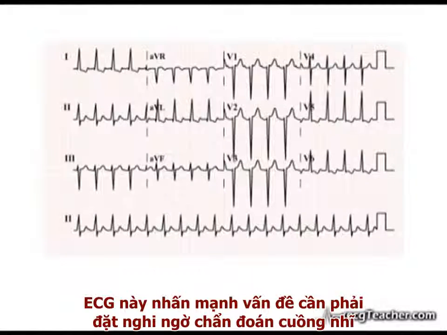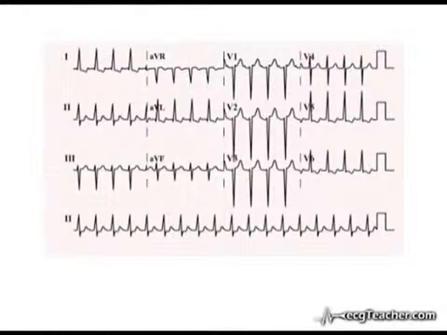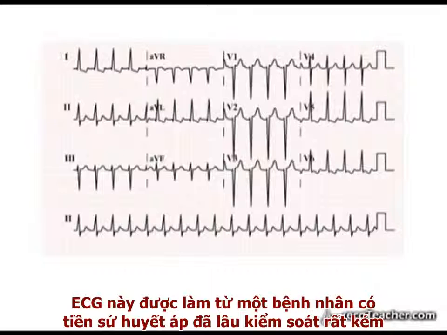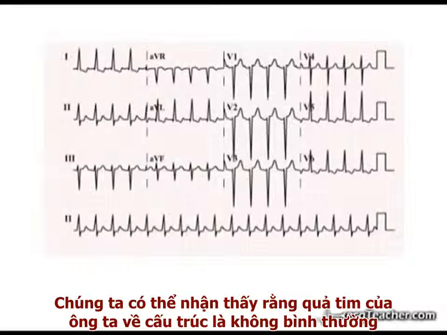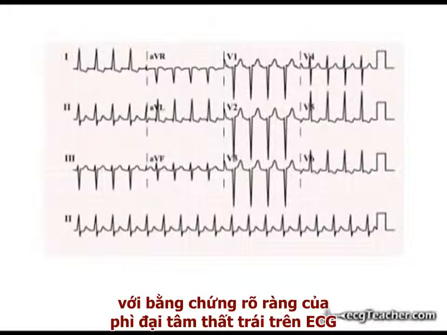This ECG emphasizes the importance of a high index of suspicion in the diagnosis of atrial flutter. The ECG is taken from a patient with a long history of poorly controlled hypertension, who presented with marked hypoxia secondary to bronchopneumonia. We note that his heart is structurally abnormal, with clear evidence of left ventricular hypertrophy on the ECG.